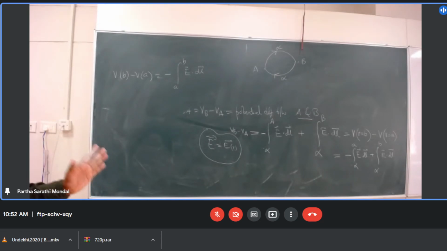Now VA minus VB along a certain direction you can write as a gradient of a potential.